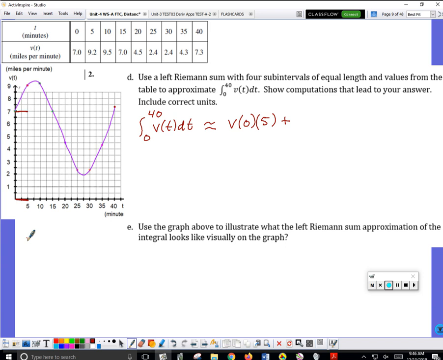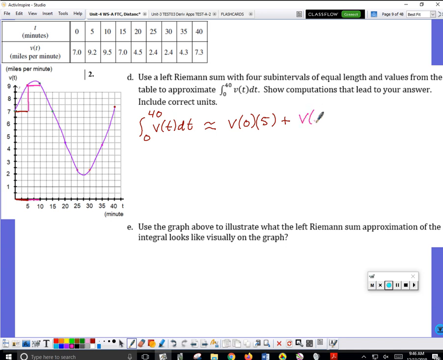So now I'm going to say, well, for the next 5 minutes, the velocity is different. Now the velocity is going to be way up here, 9.2. So for the next 5 minutes, I'm going to have the velocity be 9.2. So I'm using the velocity at time 5.